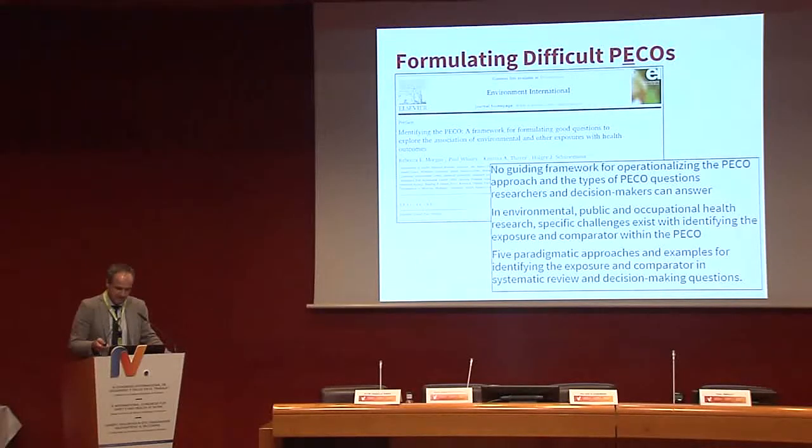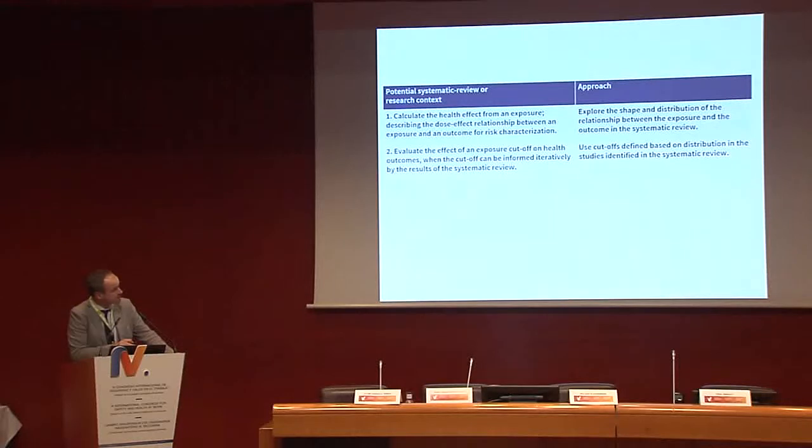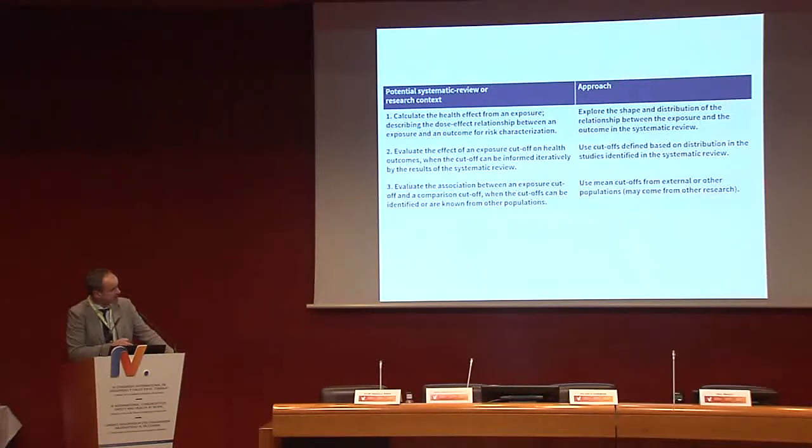of questions. Okay, so the first is, for instance, that one might be interested in exploring the shape and distribution of a relationship between the exposure and an outcome in a systematic review. The second is that one might use cutoffs defined or based on distributions in the studies that have been identified in a systematic review.